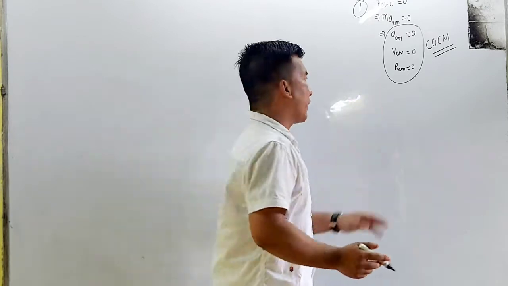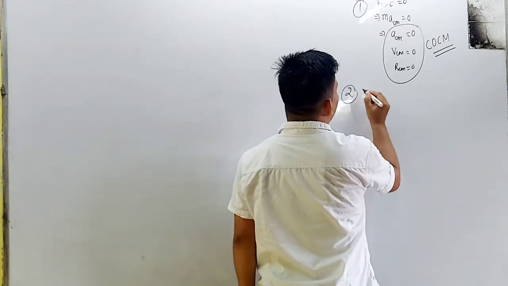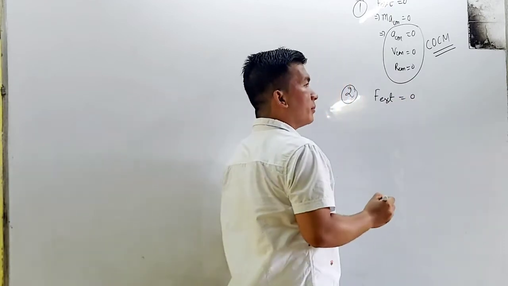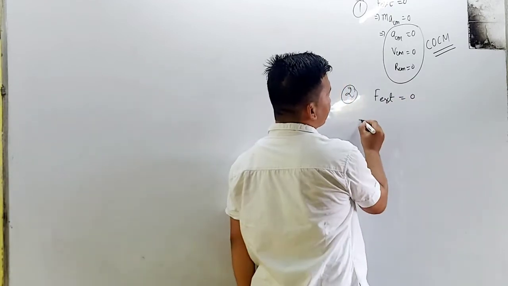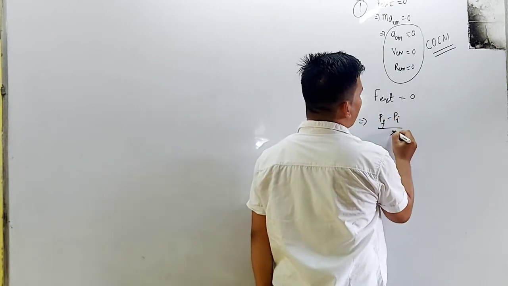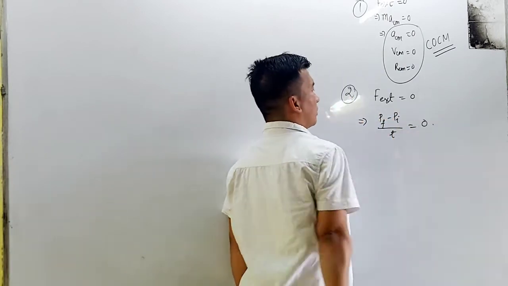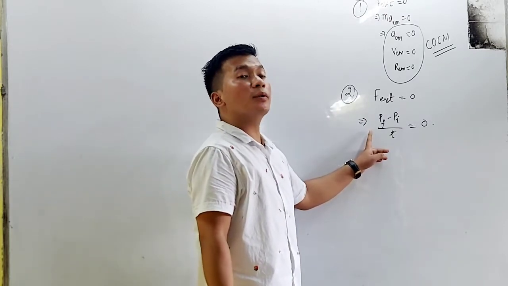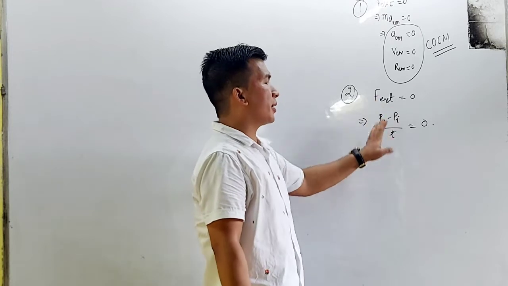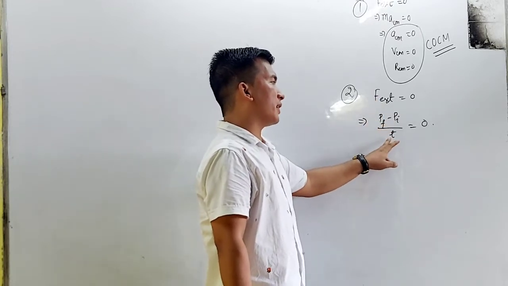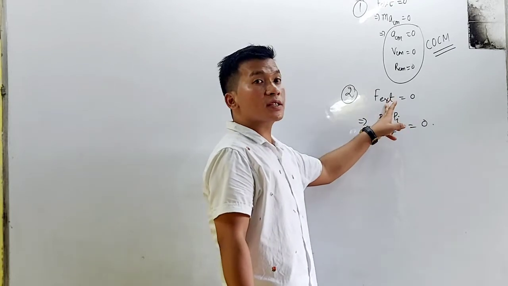Let's discuss the next, point number 2. If external force is equal to 0, do you still remember the change in momentum, Pf minus Pi divided by T, is equal to 0? Change in the momentum divided by time will be equal to force.